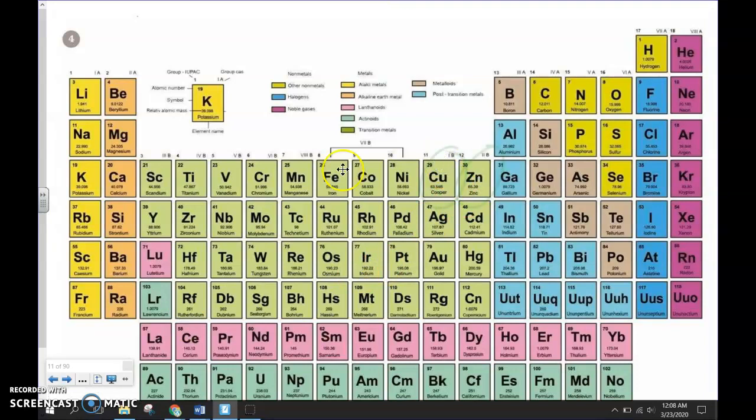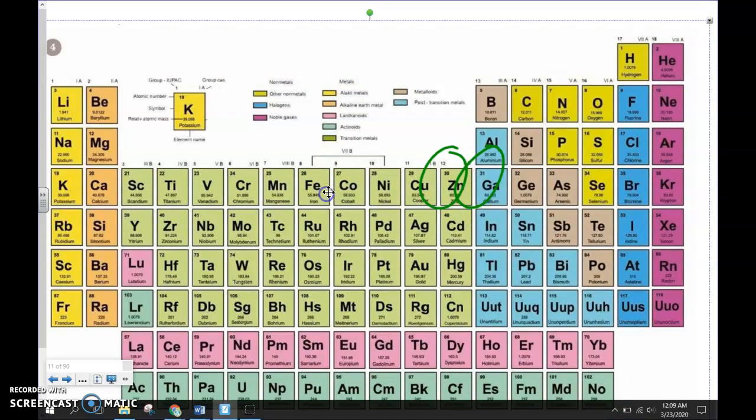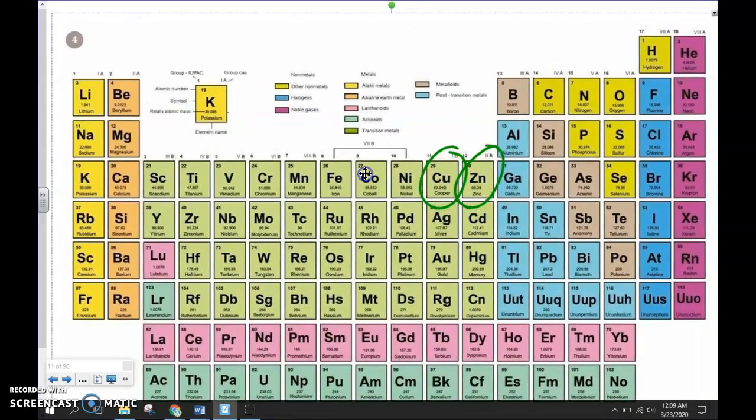Compared to another good example, which is iron and carbon.